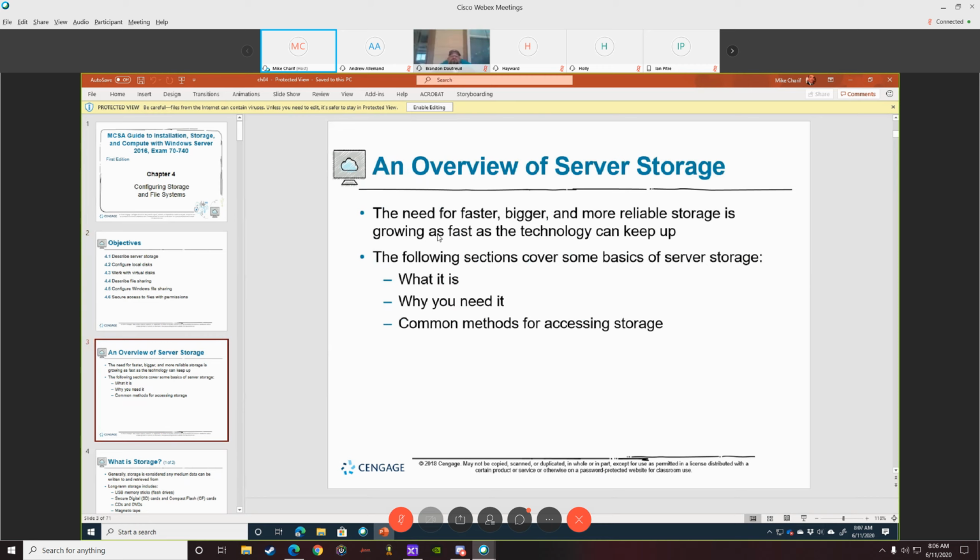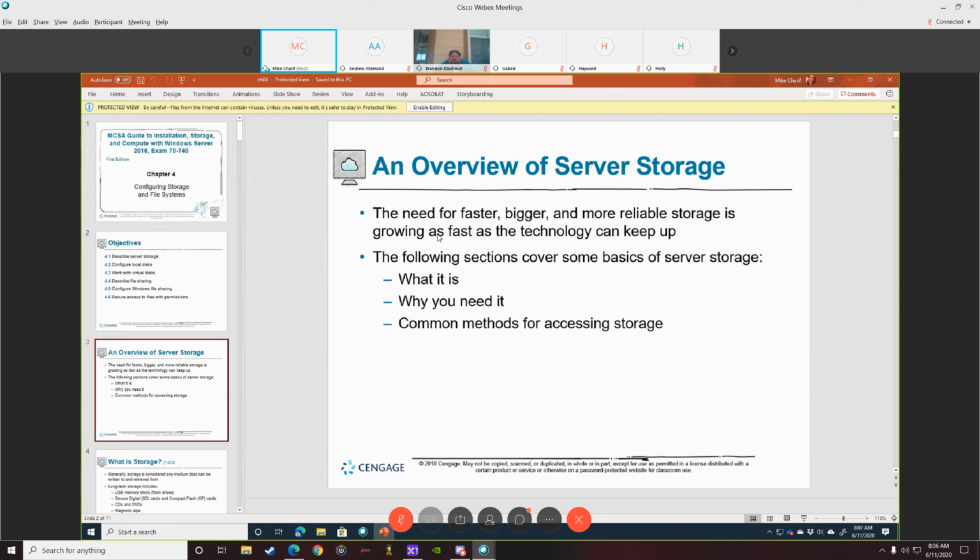And we have some types of storage that store the information permanently, meaning even if they don't have power, they can still save that information. So you need to know the difference between the two. I'm sure you do. This is from A+, and that's what they said on this slide.